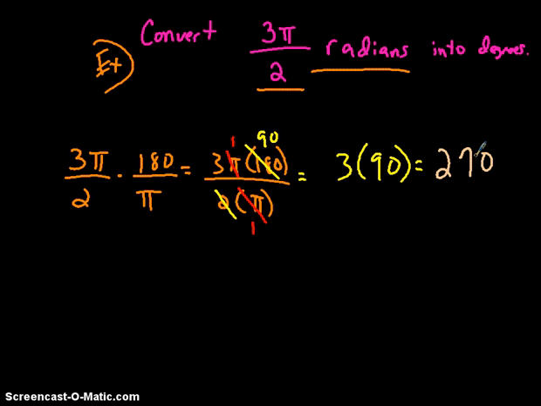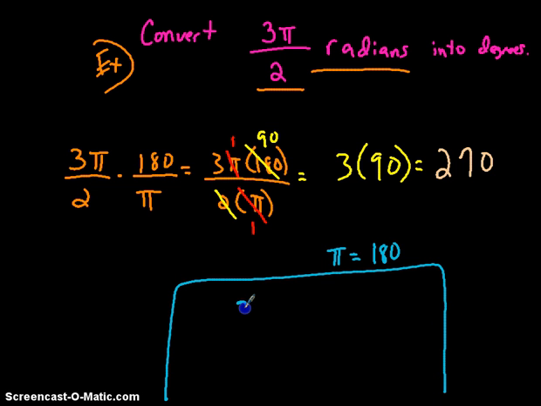Another way of doing that exact same problem: if you remember in the beginning, we said pi radians equals 180 degrees. So whenever you see pi, you can always substitute 180. So if you had 3 pi divided by 2, you could just say 3 times 180, divided by 2.